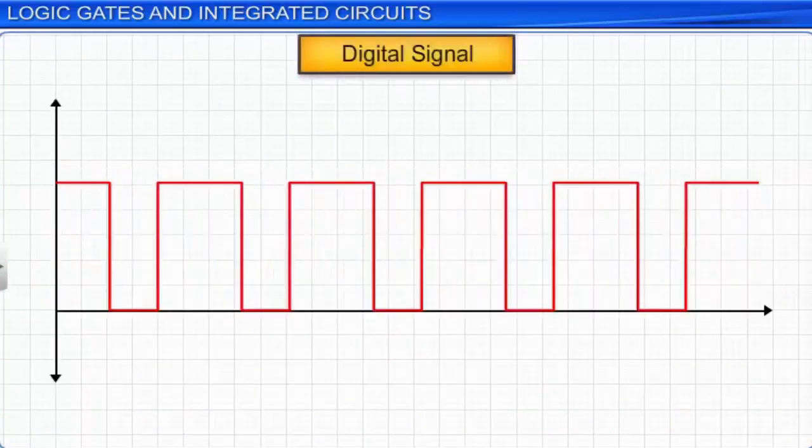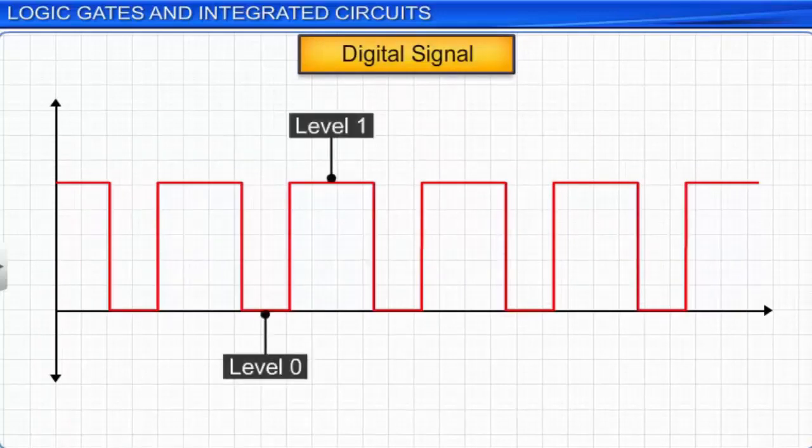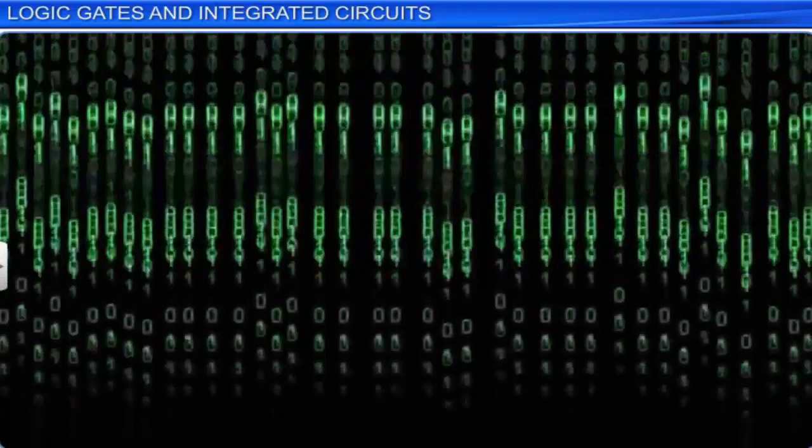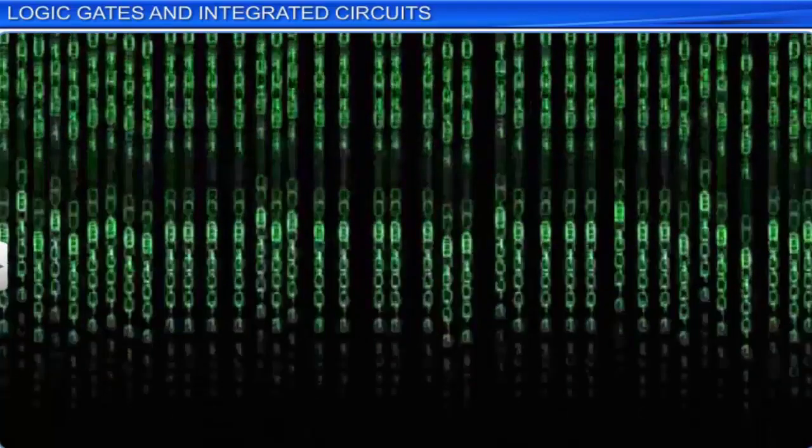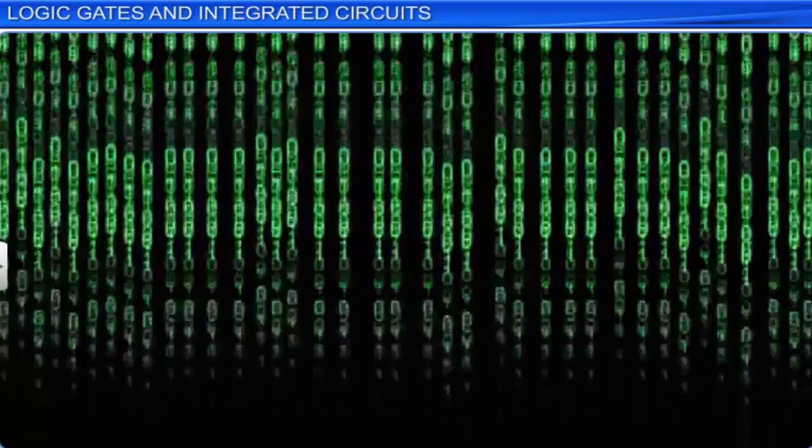A digital signal can only have a low and a high value of current or voltage represented by the numbers 0 and 1 respectively. Thus, digital signals consist of strings of zeros and ones called binary numbers.